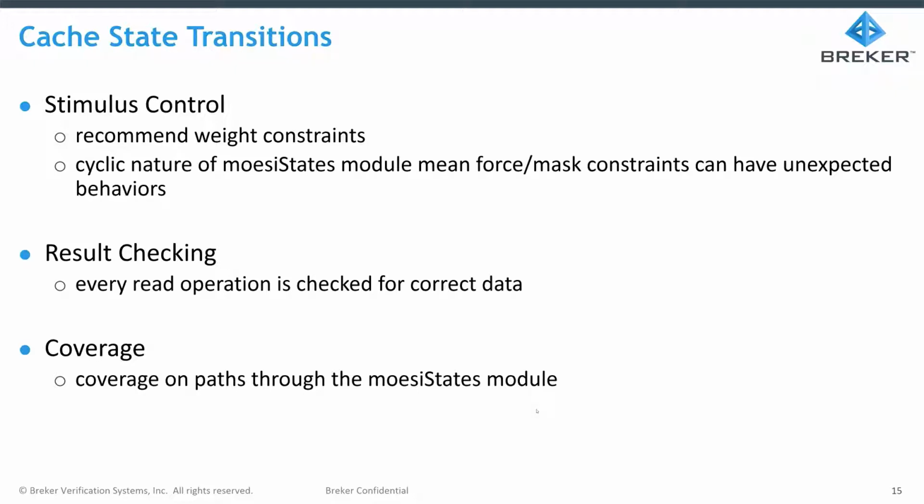So the tool is scoreboarding and tracking memory as the tests are generated. And we're able to measure coverage not only on which states we have tried to get to, but which state transitions have been done, or even say pairs of transitions or triples of transitions, right? Depending on the size of your design, this might get to be a very large coverage space, but from a computational standpoint, it is all very tractable.